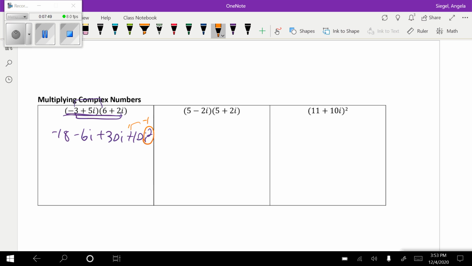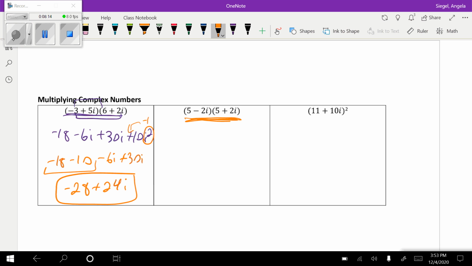So what that's going to do is change that to a -10. So I have -18 minus 10 minus 6i plus 30i. So this is going to be -28. And notice my real number is going first, followed by my imaginary number. So it looks like that.